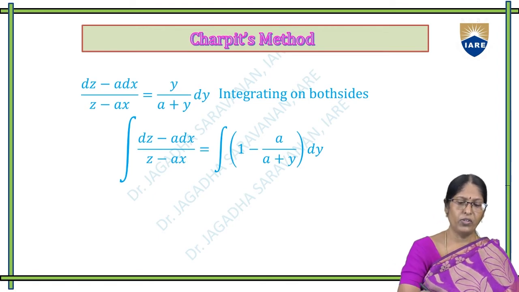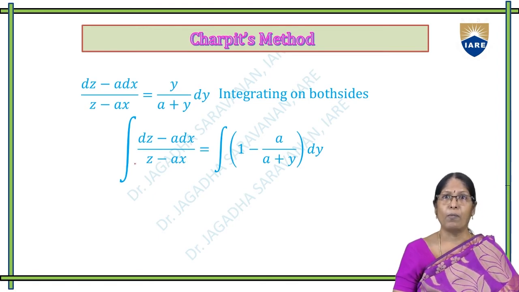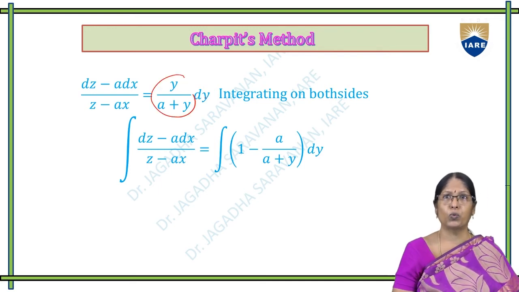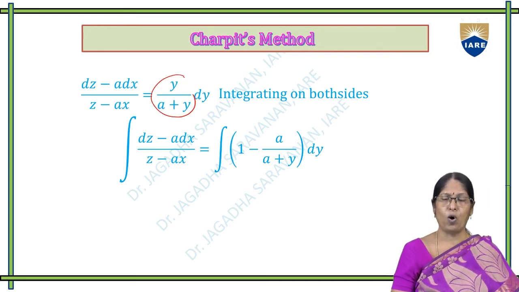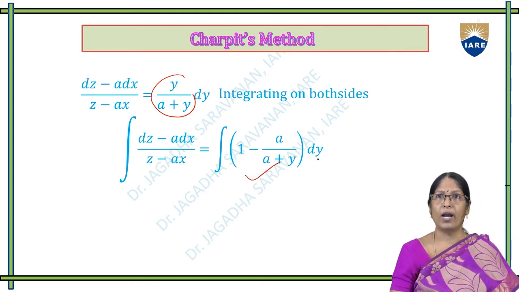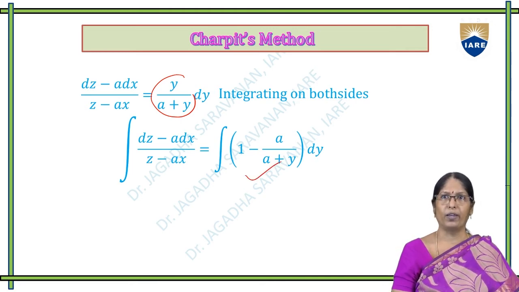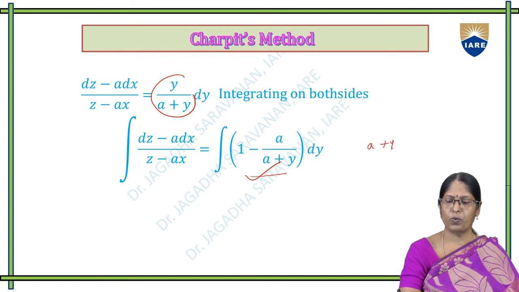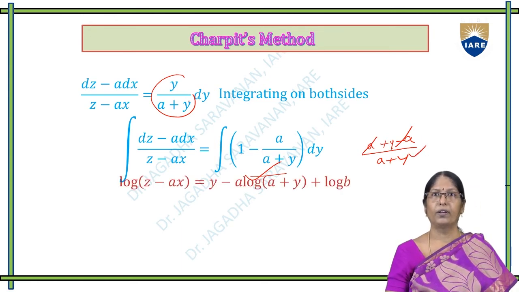That is, integrating dz minus a dx by z minus ax equal to this y by a plus y. In a simplified form, we have written 1 minus a by a plus y. Whether it is correct or not, we can recheck it also. If you do the cross multiplication, a plus y minus a by a plus y, the a cancelled, the previous step we got.